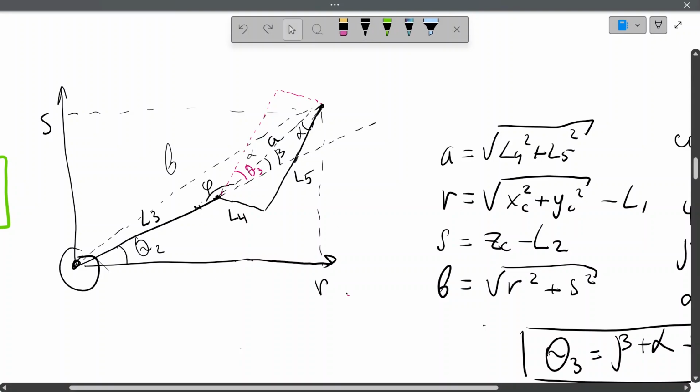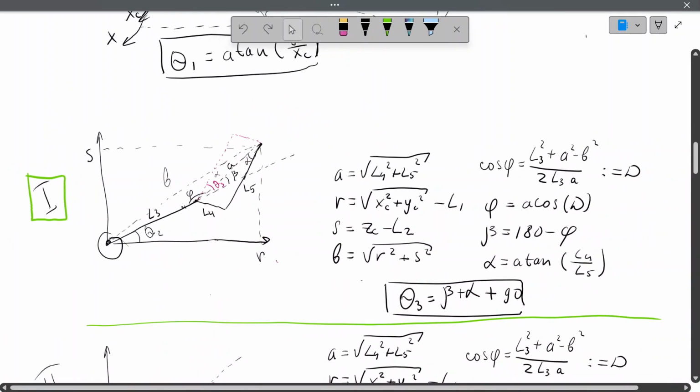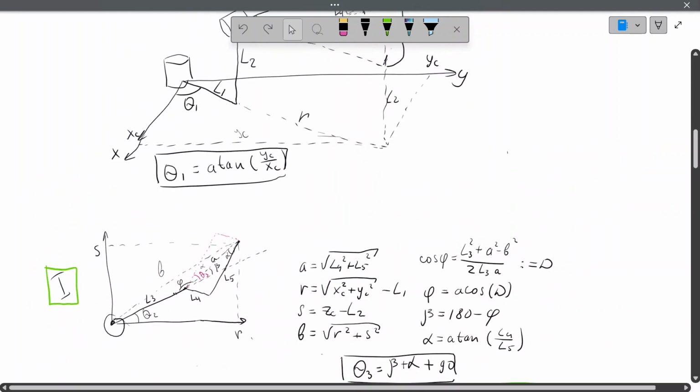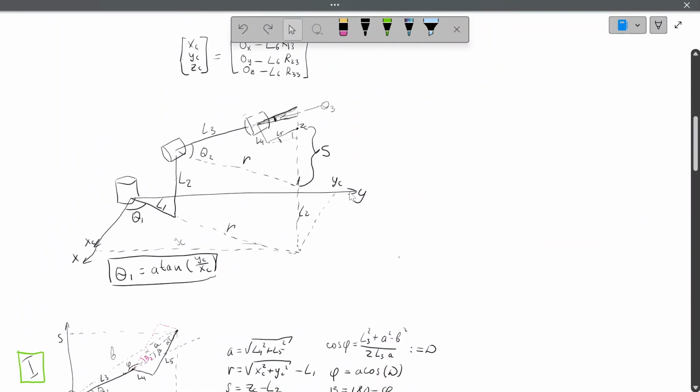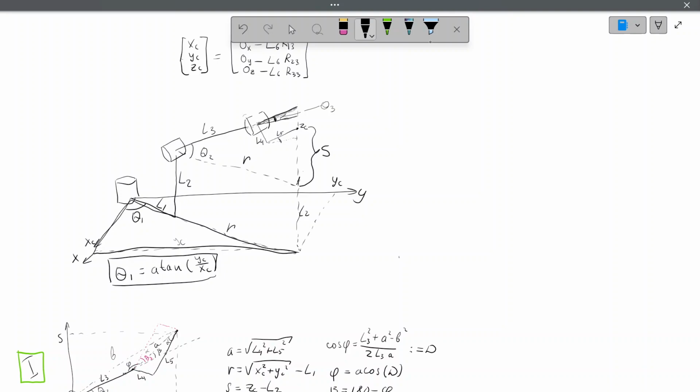Next, we calculate R. R is this distance. Firstly, we can take into consideration this triangle, where we know its parameters.